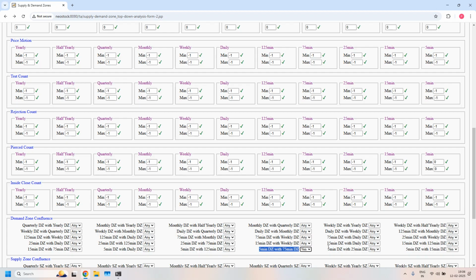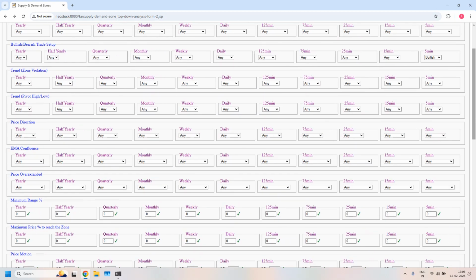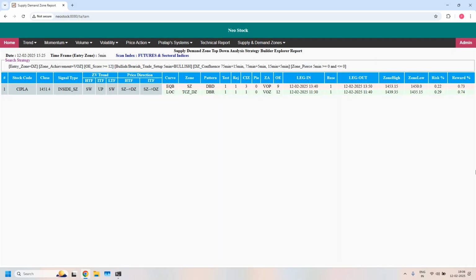And 15 minutes demand zone with, something is missing here. 5 minutes with 15, okay, 5 minutes with 75. Next 15 minutes with 75 minutes demand zone confluence. With all the 3 filters enabled, LTF, ITF, HTF, demand zone confluence, we got only 1 stock.